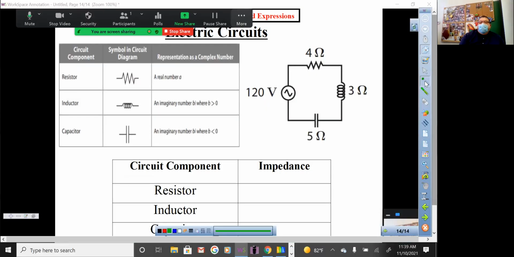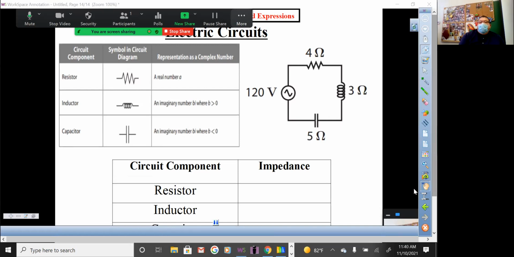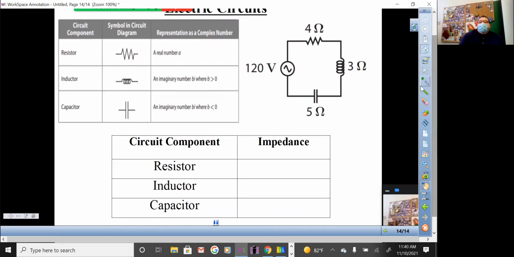We're going to label our diagram first with our initials. What would I label this component right here? R for resistor, yes. How about this one? I, okay. And of course, the last one is C. Did everybody see what we're doing?